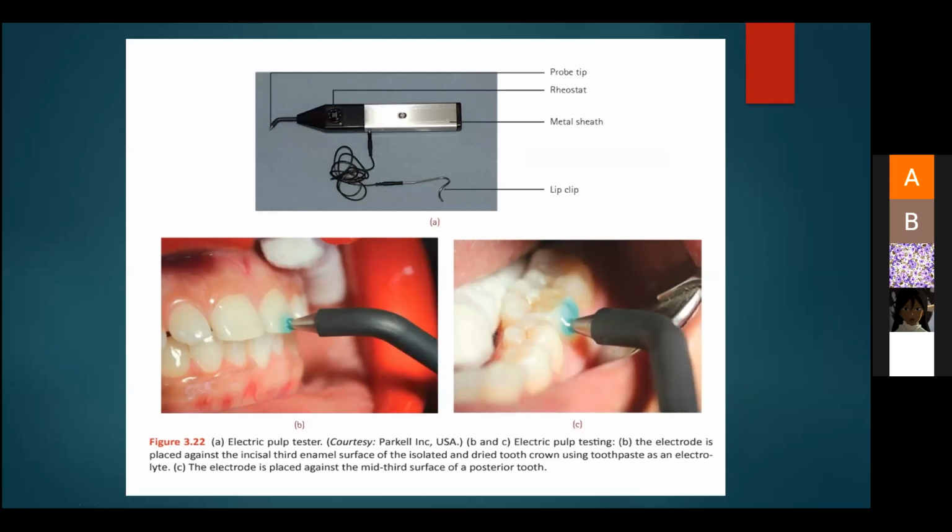The response the patient gives is that he will feel a tingling sensation, a warm sensation as soon as you increase the current. If you see the response, they have given a table inside the Grossman. You have various responses. It can be a normal response, negative response, early response, delayed response, false positive, false negative. Just study that nicely.